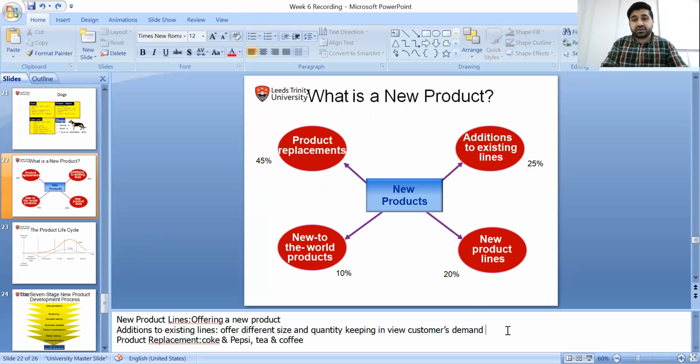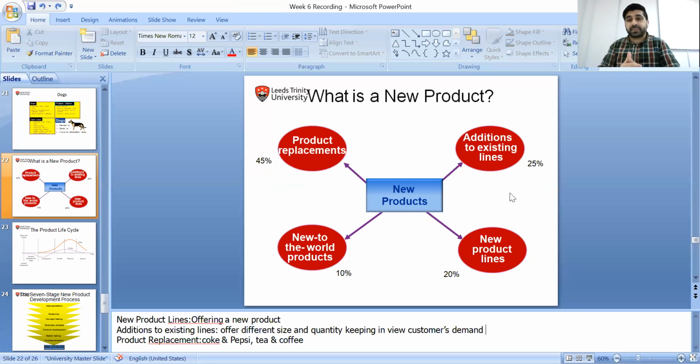What is a new product? So new product, it could be either a new product line. New product line means offering a completely new product, or we are going to add to an existing line. Existing line means we are offering different sizes and different quantities of the current product.